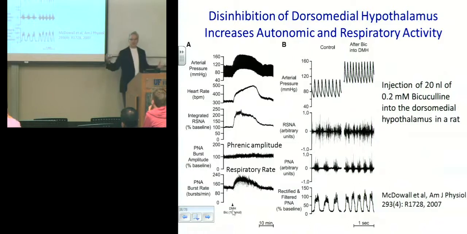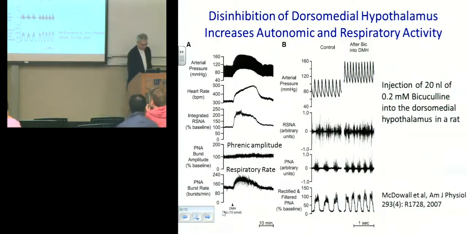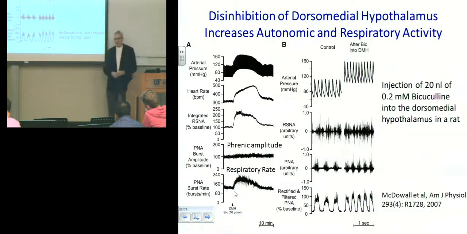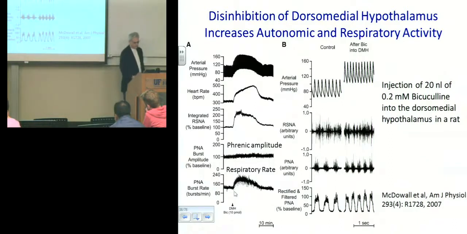So you get an increase in activity of any neurons that are chronically inhibited, which appear to be many of the neurons in the region of the dorsomedial hypothalamus, giving rise to changes in arterial pressure, heart rate, renal sympathetic nerve activity. But in this case, most of the respiratory change is a frequency change as opposed to an amplitude change, which is kind of interesting.